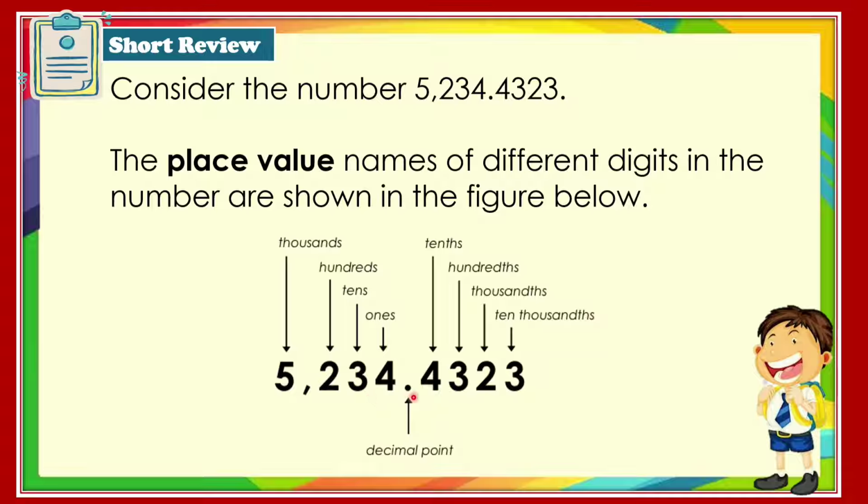To the right of the decimal point, the first digit is the tenths place, the second digit is the hundredths place, the third digit is the thousandths place, and the fourth digit to the right of the decimal point is in the ten-thousandths place, and so on.